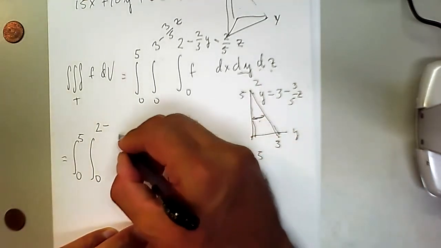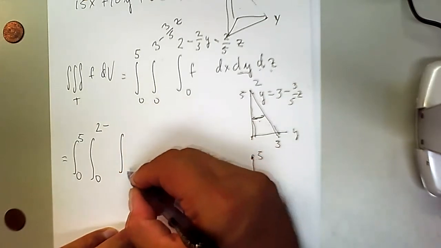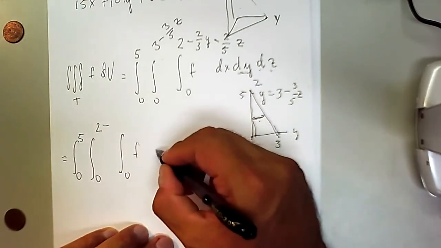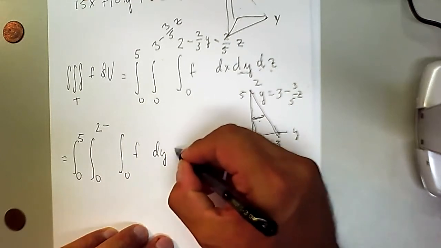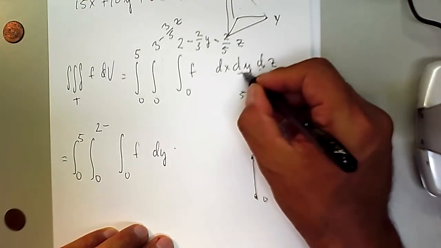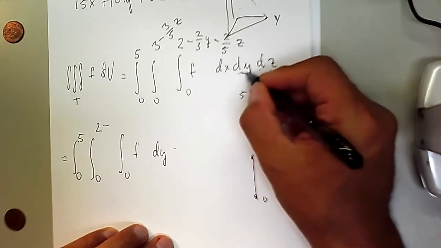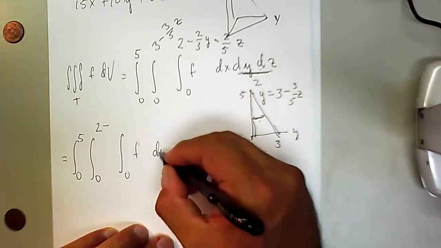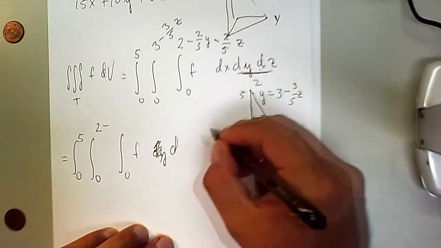Let me write this down and then decide. This is dy. Oh, no. We wanted to invert those two. Sorry about that. That's what is easier to do.